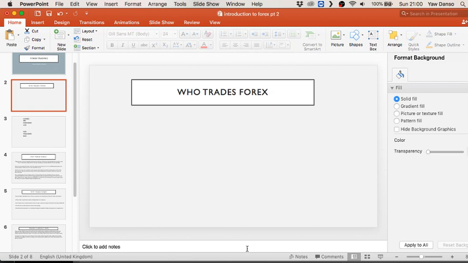We call them the hedge funds. They trade with people's money. If you want interest on the money that you've put there, they will trade it for you and make money. So the hedge funds actually trade the forex market using people's money.